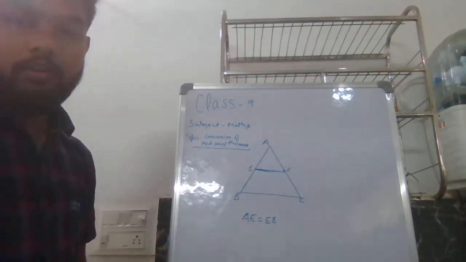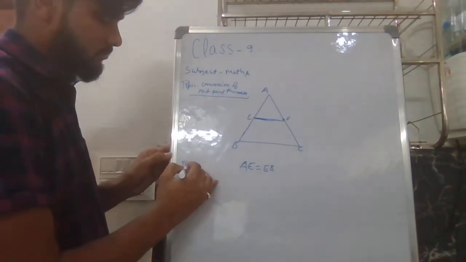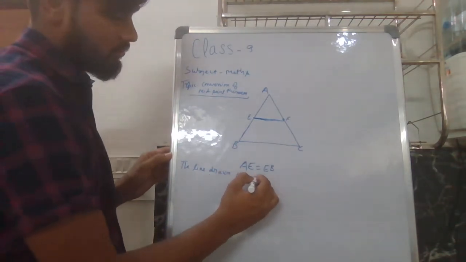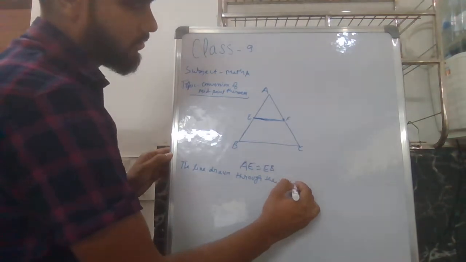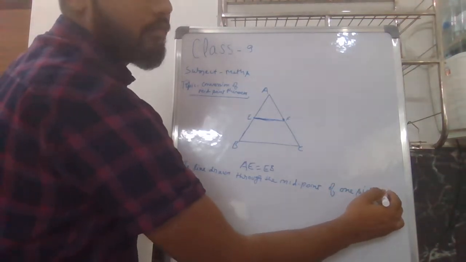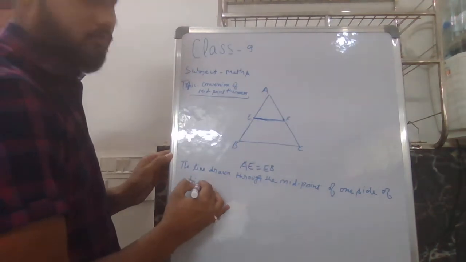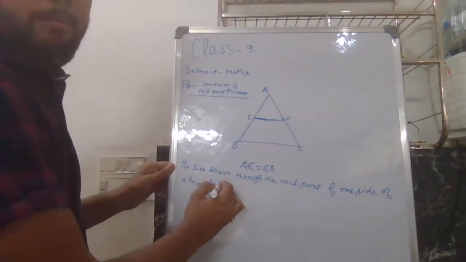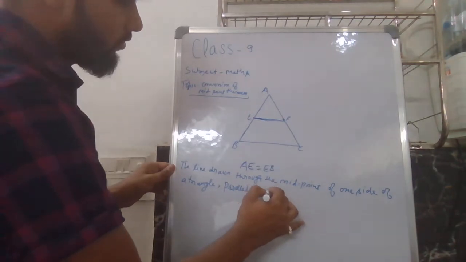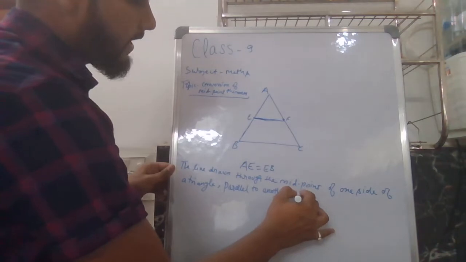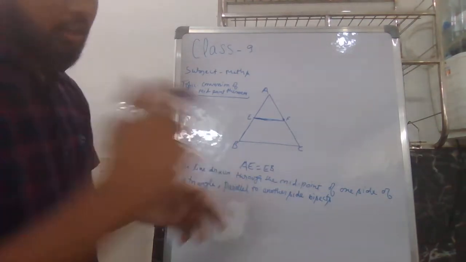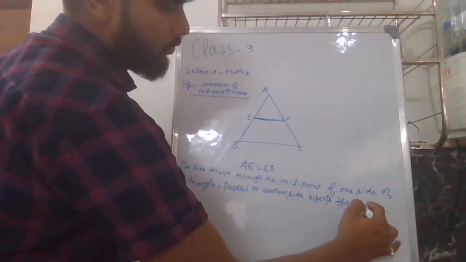I will write the theorem here: the line drawn through the midpoint of one side of a triangle parallel to another side bisects the third side.